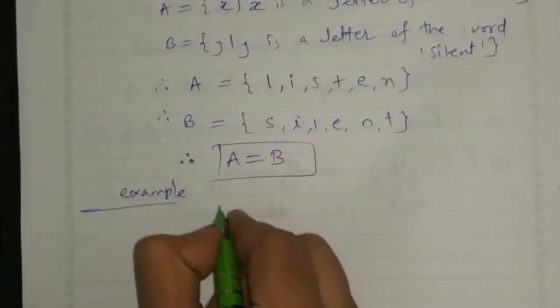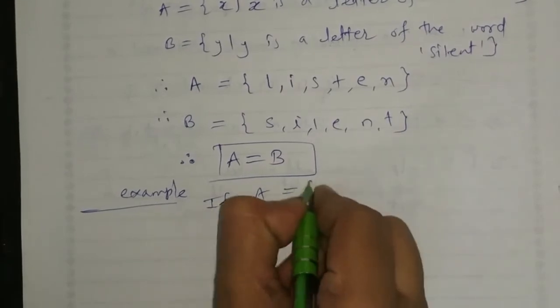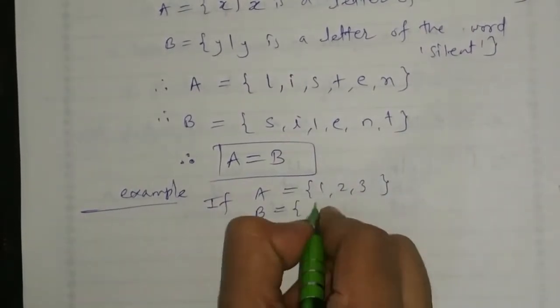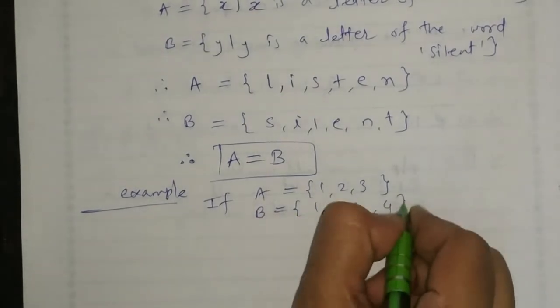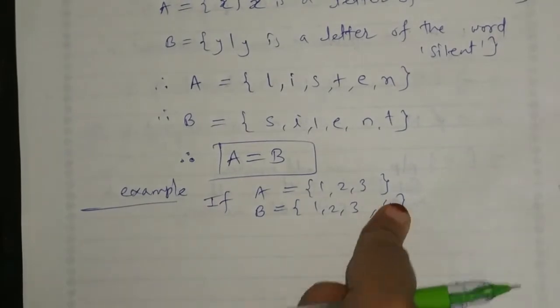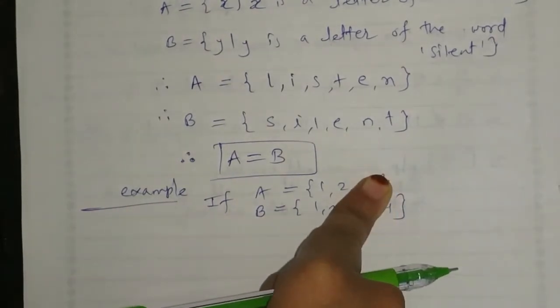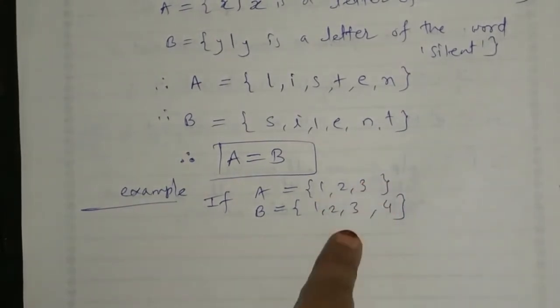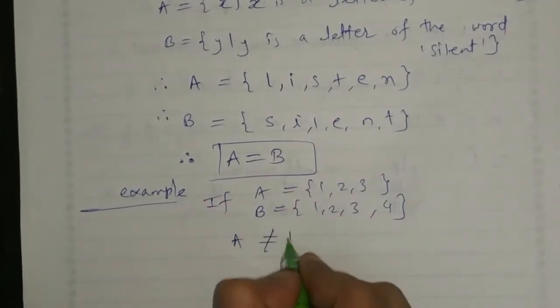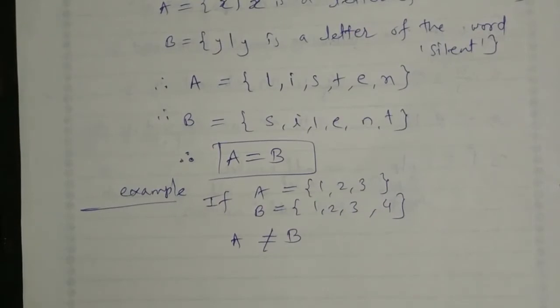Another example we have, A = {1, 2, 3} and B = {1, 2, 3, 4}. Dear students, you see that 4 is not in A, so you cannot say that A = B. These are not equal sets.